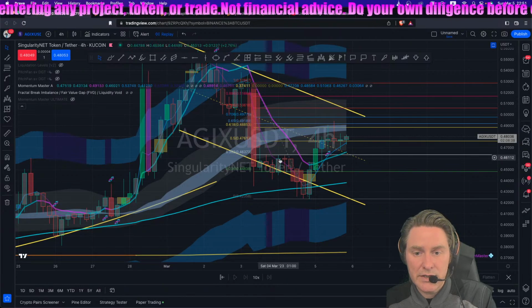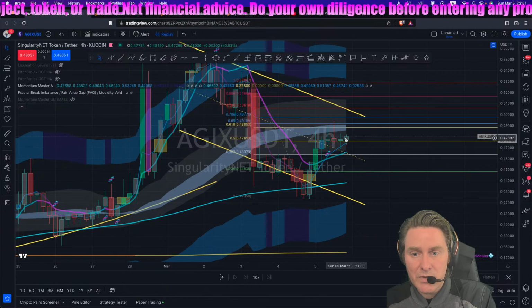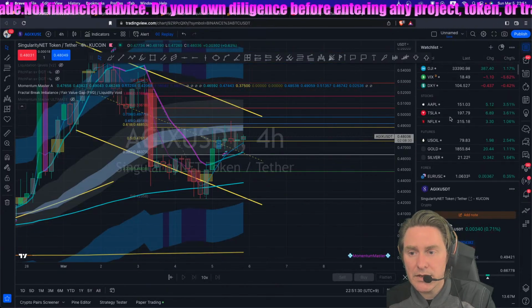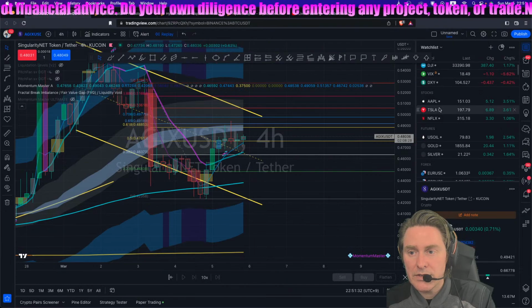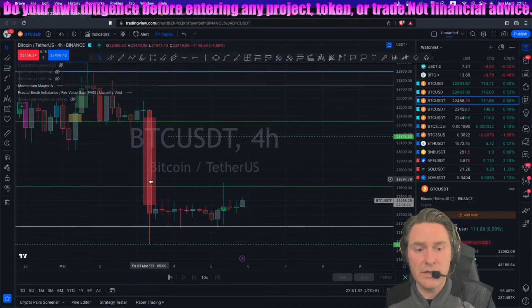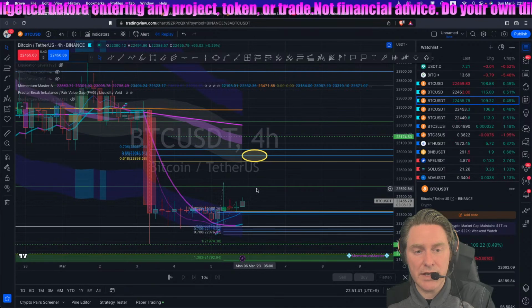It did that, came back up, and now it's consolidating. So is this what Bitcoin's going to do? Is it already front running what Bitcoin's doing before Bitcoin does it, coming back into that region?